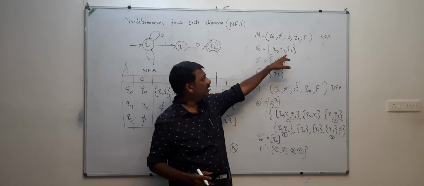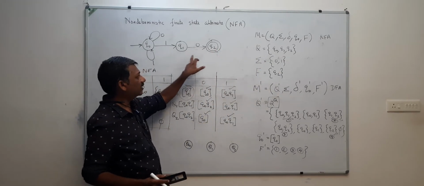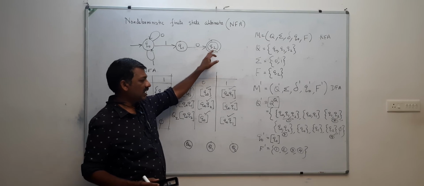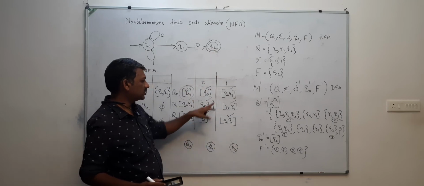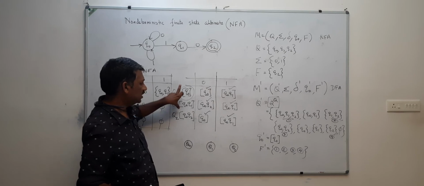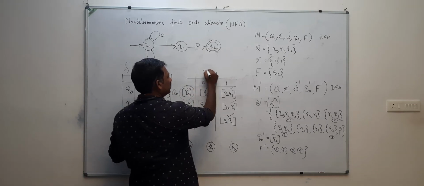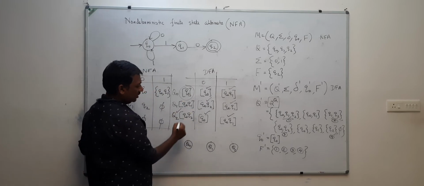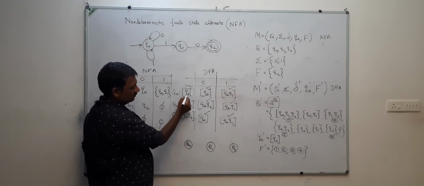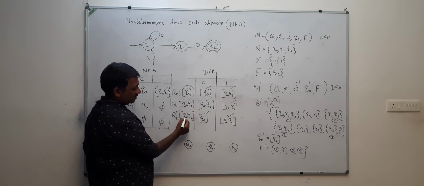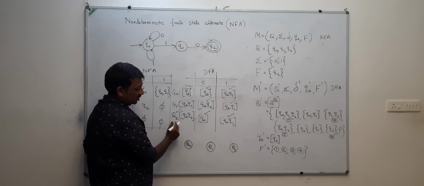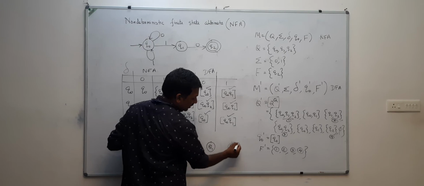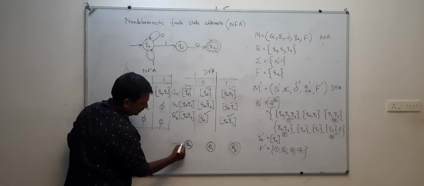For the original NFA, Q2 is the final state, and wherever there is Q2, those are the final states of this DFA. Here we have only Q0, here Q0 Q1, and here Q0 and Q2. Q2 is part of this, so you have to make this a final state, and this is the start state.